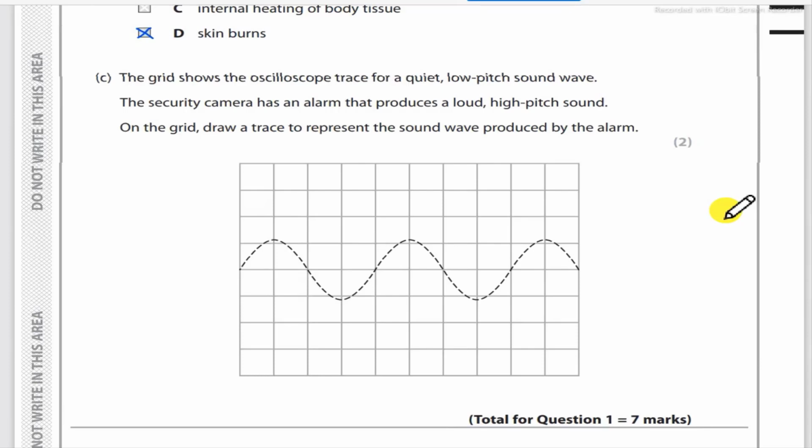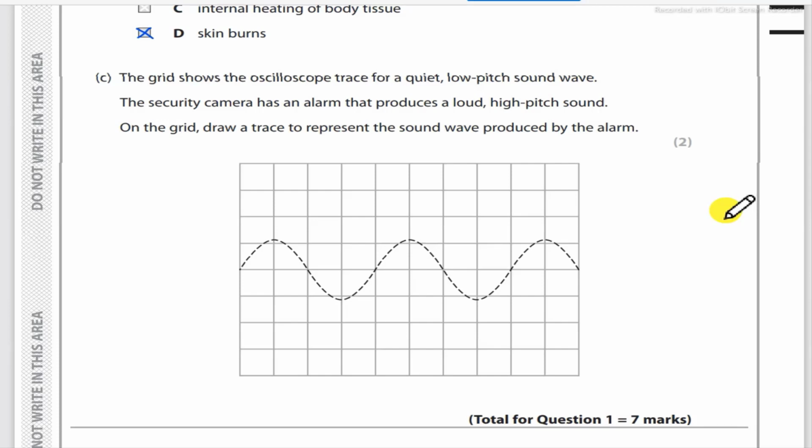The grid shows the oscilloscope trace for a quiet, low-pitched sound wave. The security camera has an alarm that produces a loud, high-pitched sound.